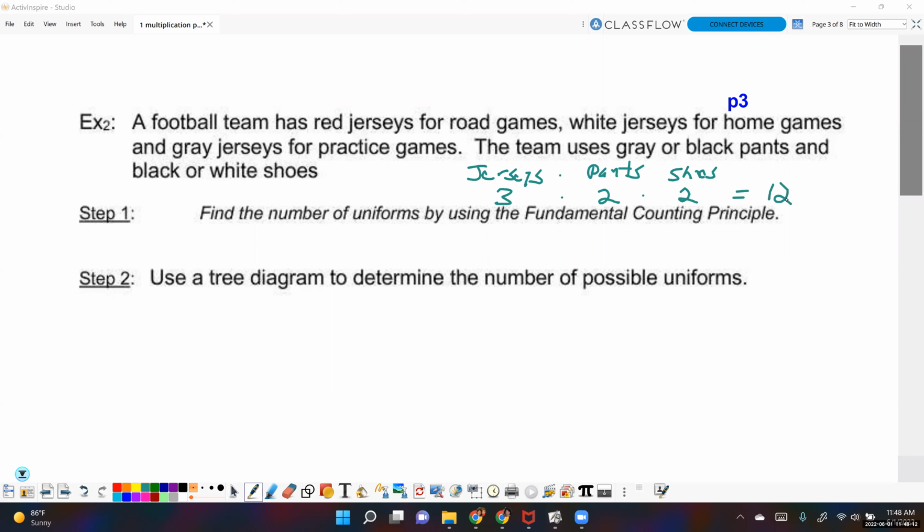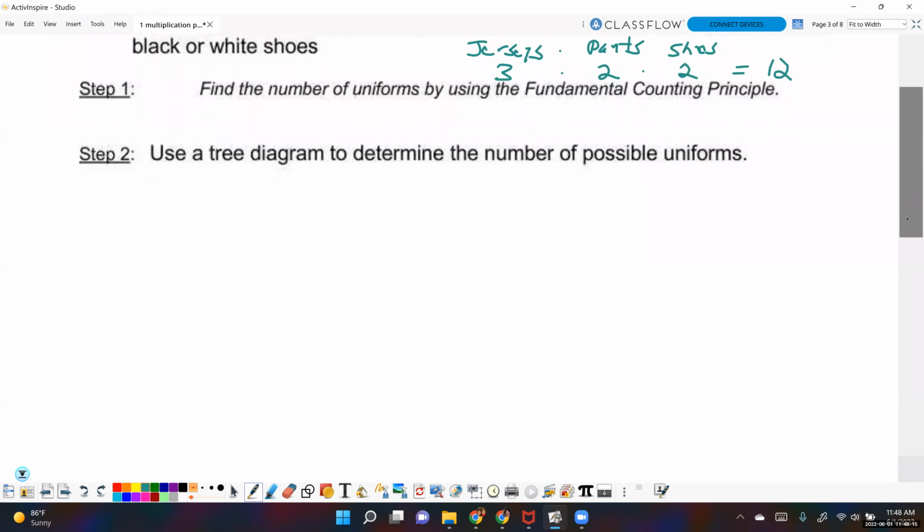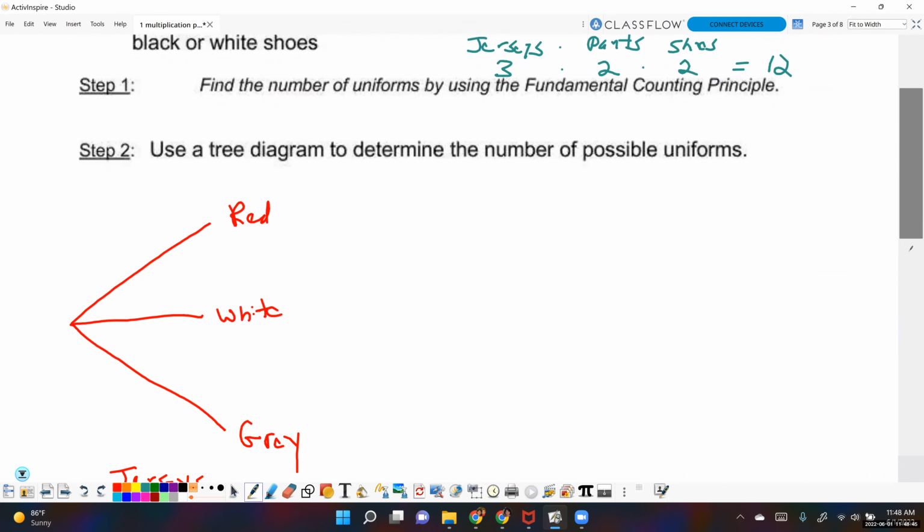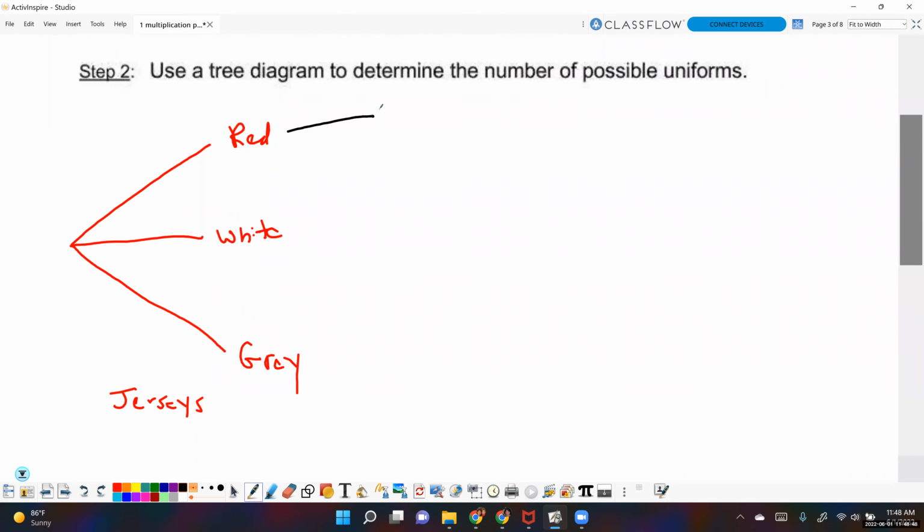And now it says use a tree diagram to determine the number of possible uniforms. So we know there are going to be 12. The jersey colors are red, white, and gray. So we're going to go, here we go, red, white, and gray. I want you to notice how wide I'm making these because I know I'm going to have 12 at the end. So here we have jerseys. What are my pants colors? Pants are gray or black. So now for pants, I have gray, black.